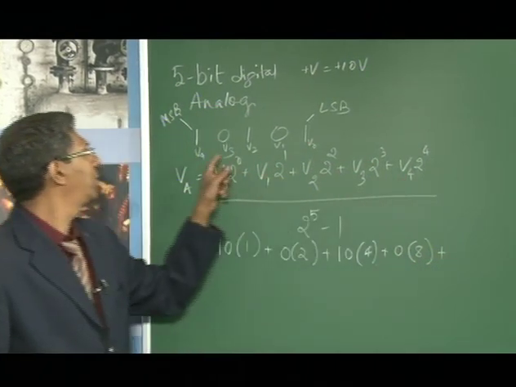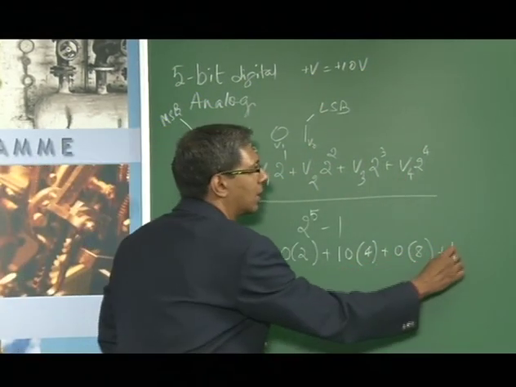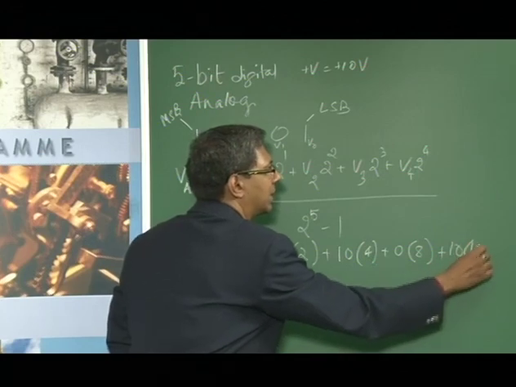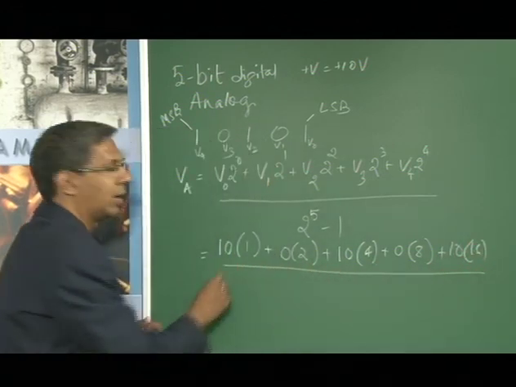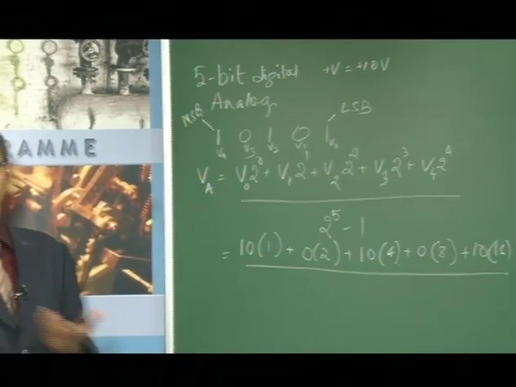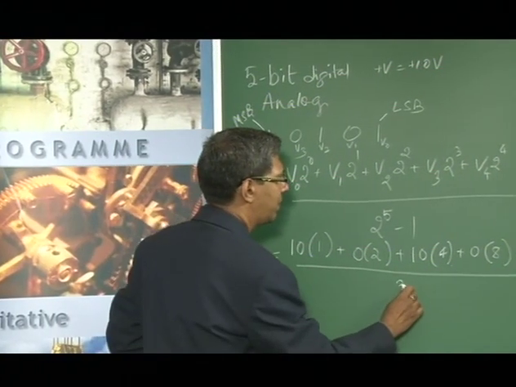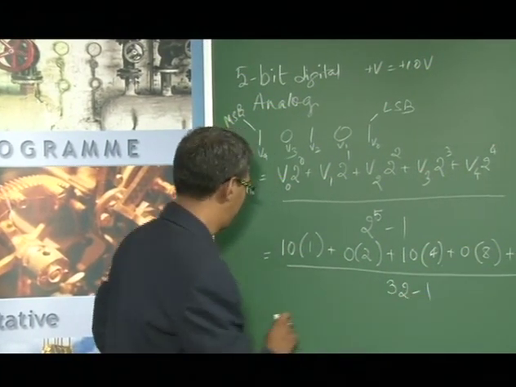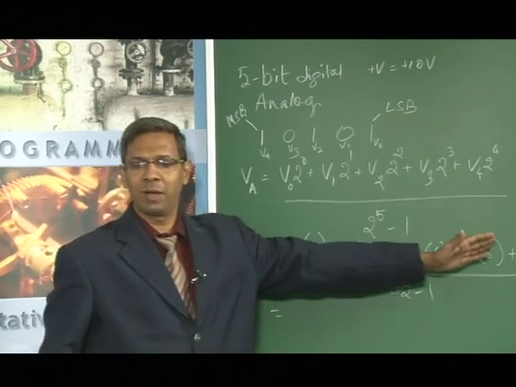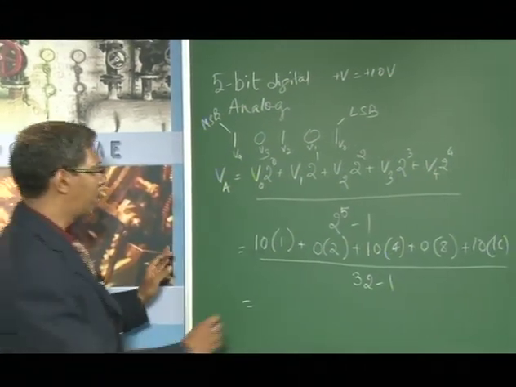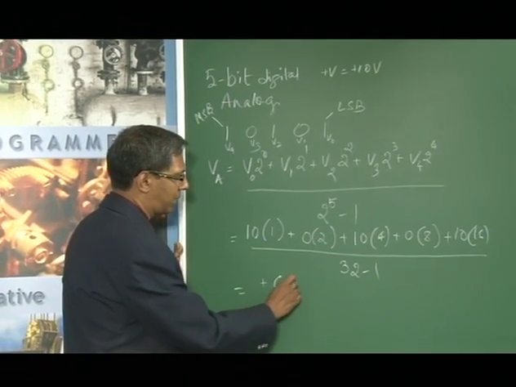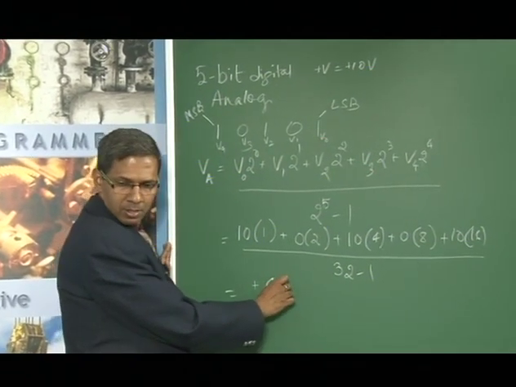Finally, V4 is 1 which is 10 volts and 2 raised to 4 is 16. The denominator is 2 raised to 5 which is 32, so 32 minus 1 would be 31. If we simplify this expression, we are going to get a value of plus 6.77 volts.